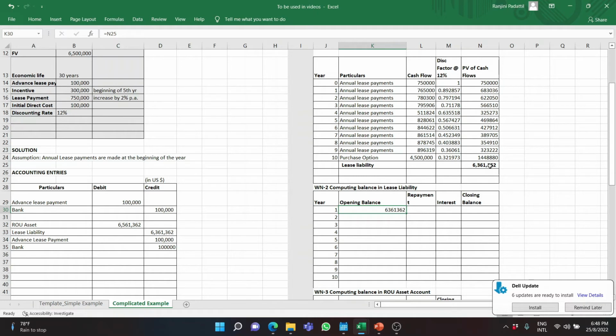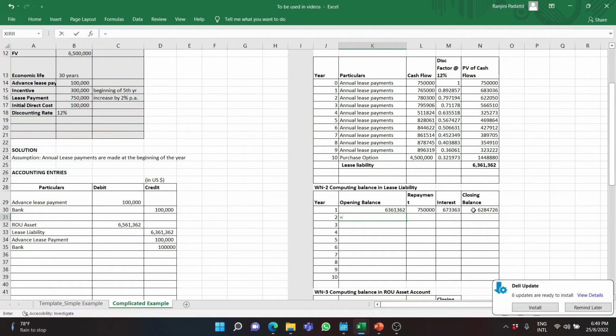So before interest is calculated, there is a repayment that is done. Let's take that repayment into consideration first. Then the interest, which is at the rate of 12%, will be calculated on the opening balance minus the repayment. And the closing balance is opening balance minus repayment plus the interest.